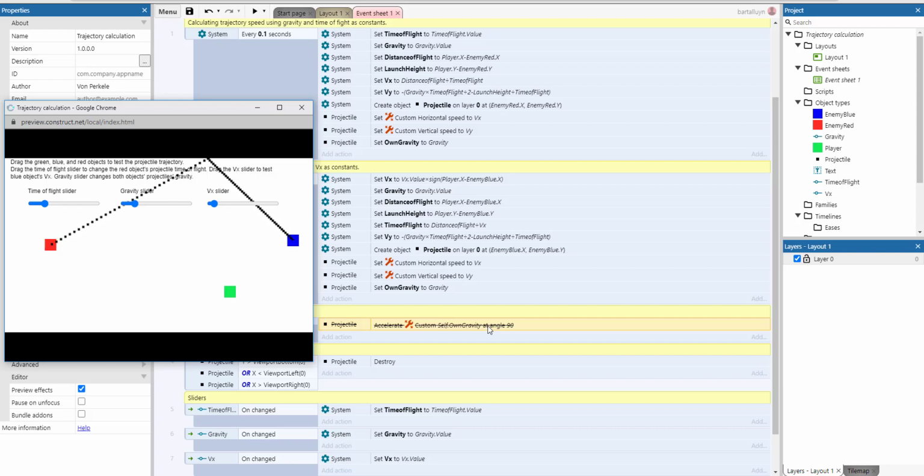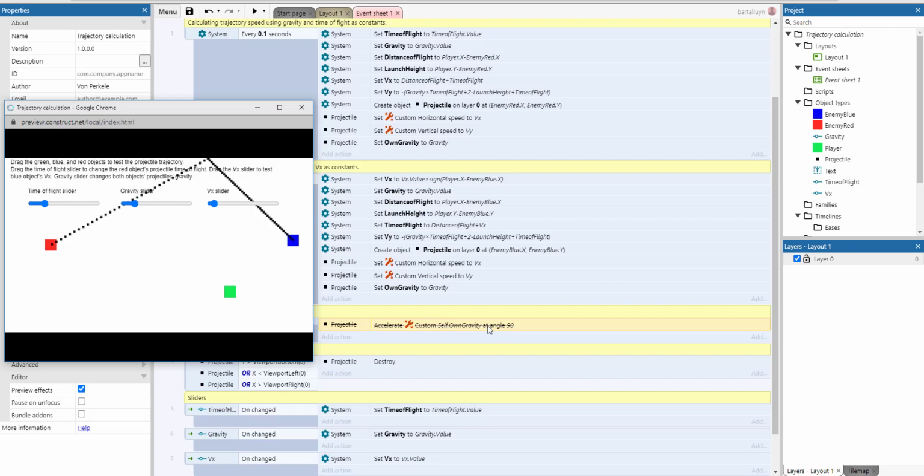a vertical speed rather, and initially the vertical speed will go up, which means that the speed will actually be negative because we're going to go up, because the y coordinate increases from top towards the bottom and it decreases from the bottom towards the top. It means that we have to have a negative y velocity to push the projectile up into the air.